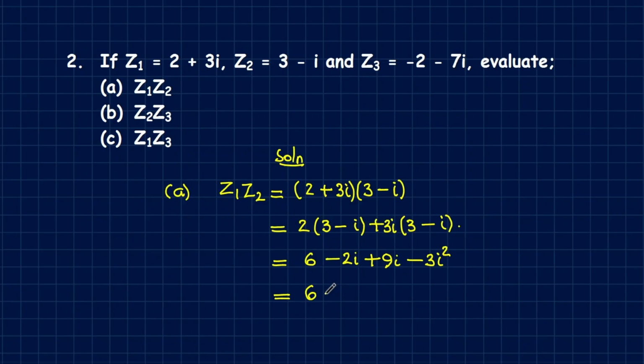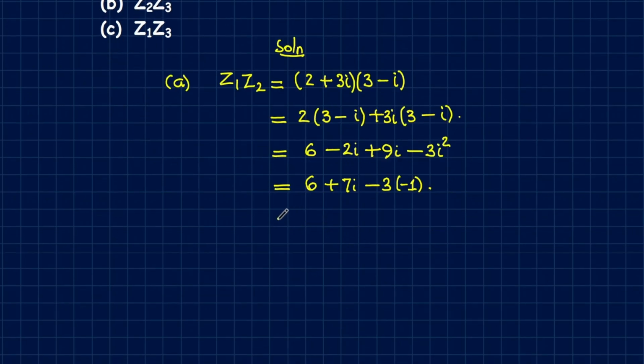This simplifies to positive 7i, and we know that our i squared is negative 1. So let's get more space, and we have the first number remains 6, and the second one also remains 7i.